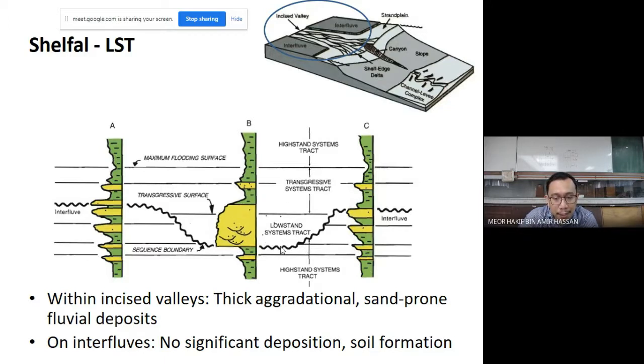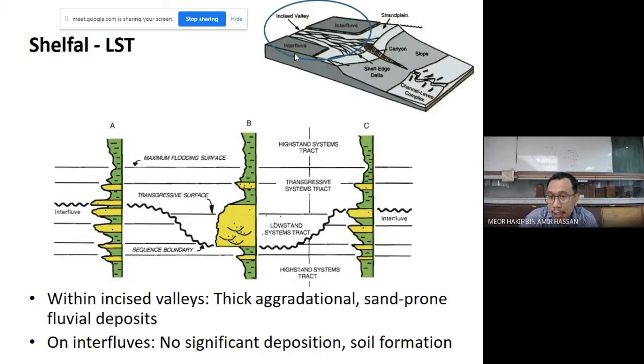But what is happening away from the incised valleys? This is going to be higher ground. There is still an unconformity because there is subaerial exposure. Bagi tanda tinggi sini. But rivers are not flowing through here. You only get soil forming. Pembentukan tanah, there will be soil being formed here. It can be very thick sometimes.